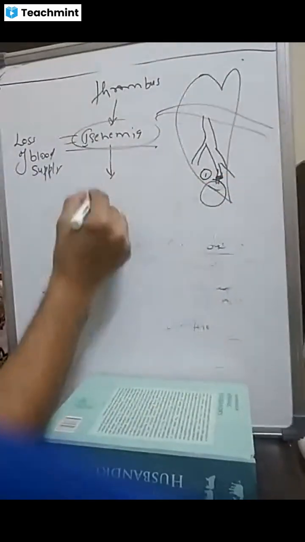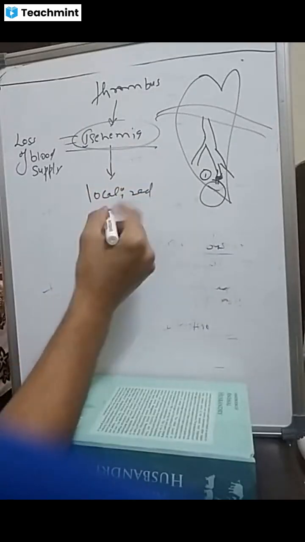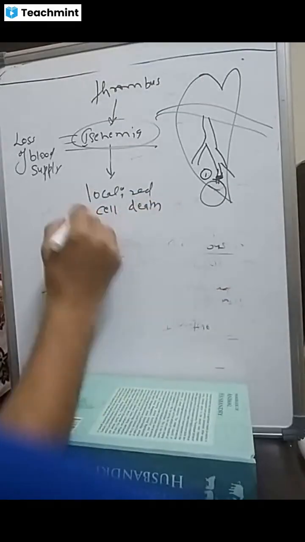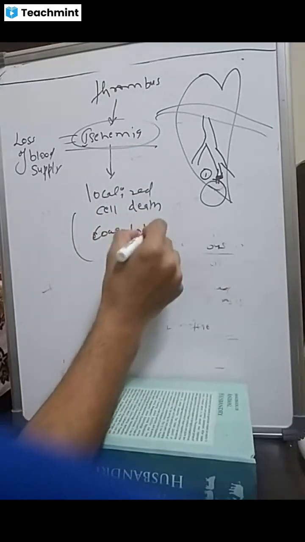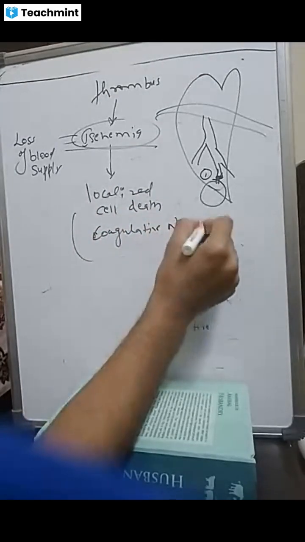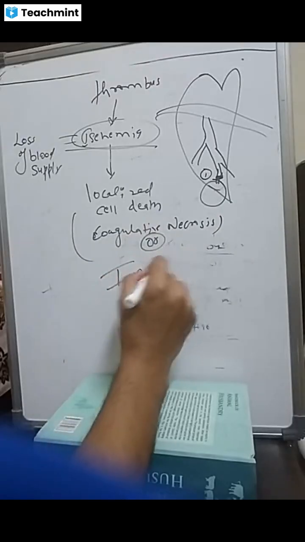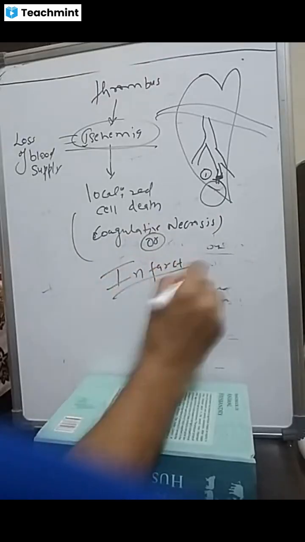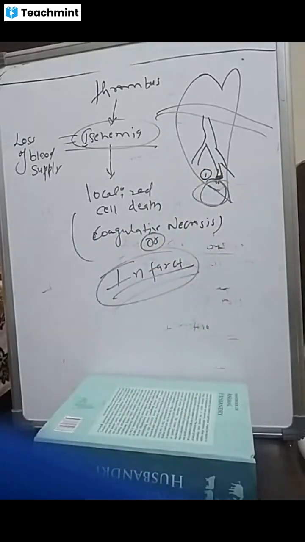The localized cell death, a coagulative process, is simply called an infarct.